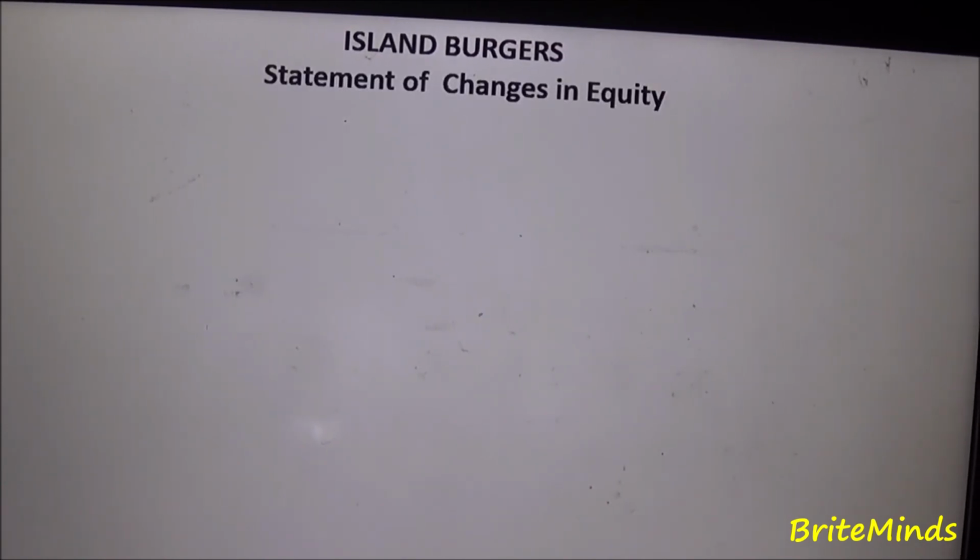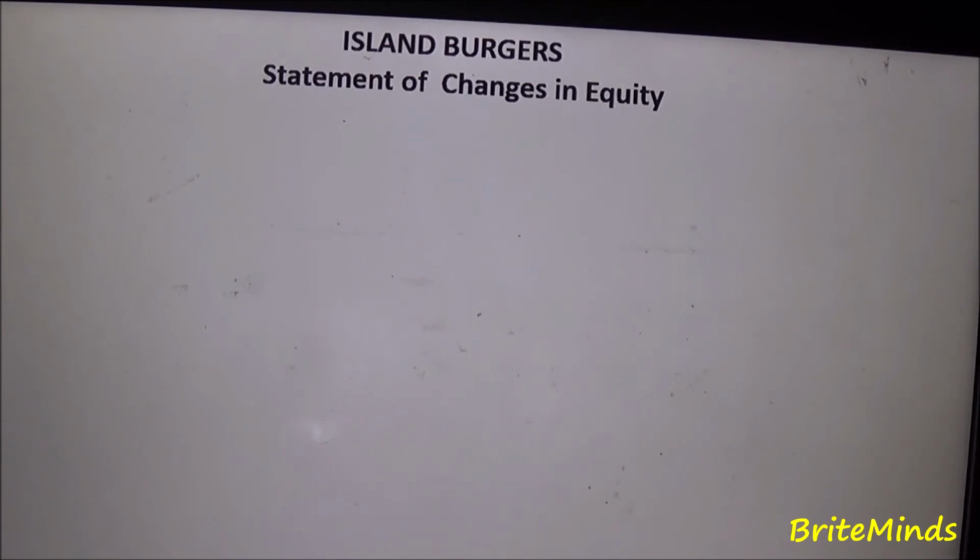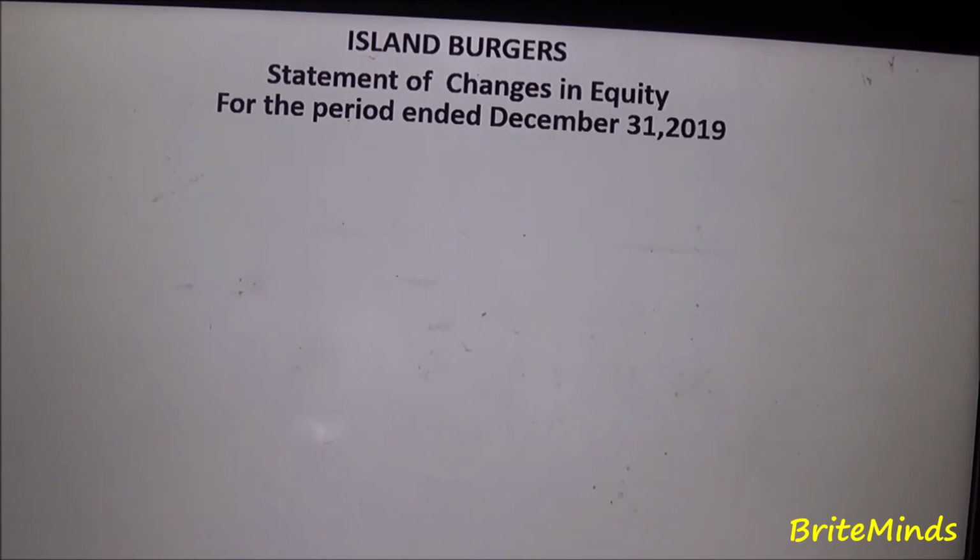Now let us prepare the statement of changes in owner's equity of Island Burgers. Okay, so the first thing we need to do is write the name of the business, Island Burgers, and then the title of the financial report, statement of changes in equity, and also the date of the financial report for the period ended December 31st, 2019.